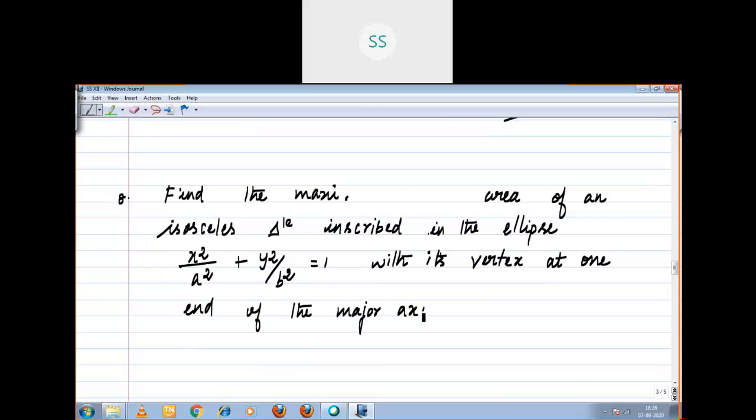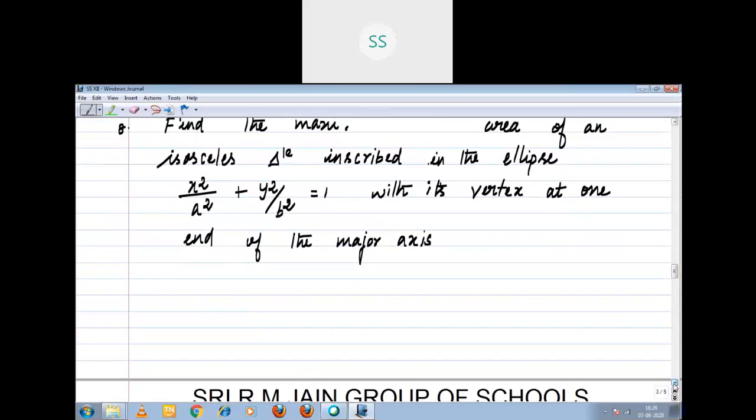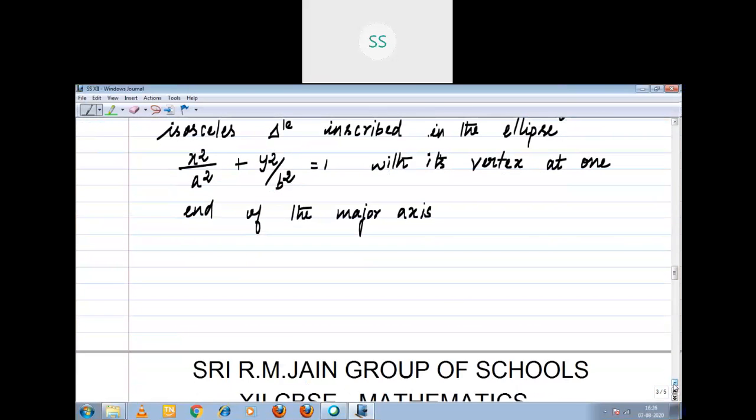Major axis. See here, I am going to draw a diagram, then only I will enter into the solution. This is your x-axis, y-axis, x dash, y dash.